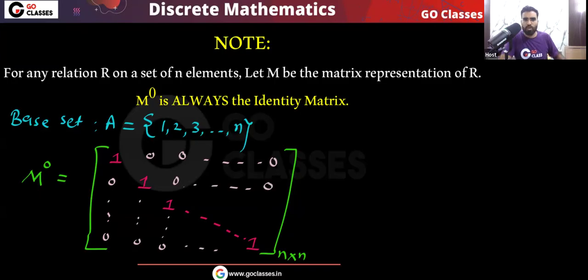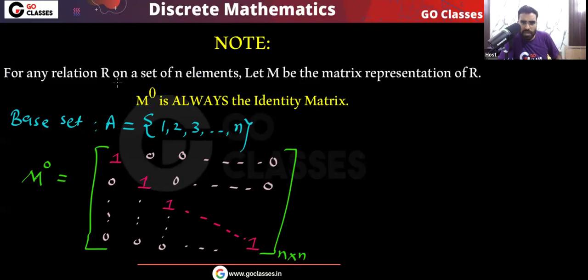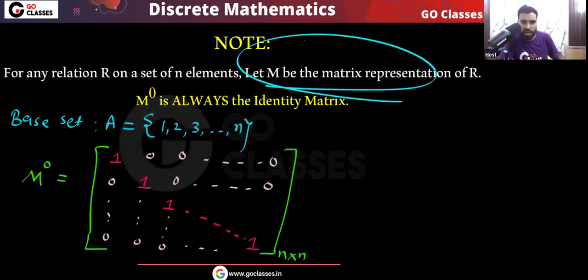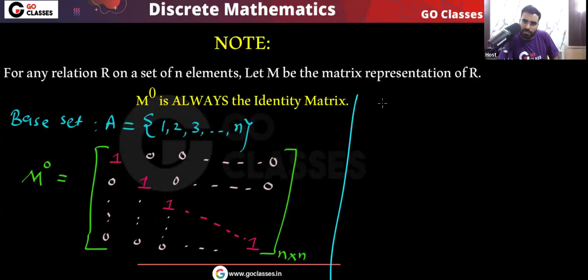Okay. I hope you understood. So very easy that for any relation R on any set of n elements, M power 0, where M is the matrix representation of R, is always the identity matrix. Okay. For example, if your base set is, let's assume, 1, 2, 3 or A, B, C, then what will be M power 0?